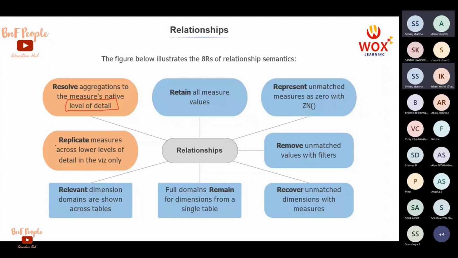Second, it replicates measures across lower levels of details in the viz only. So it is more fruitful to us. Relevant dimension domains are shown across tables. What does it mean?